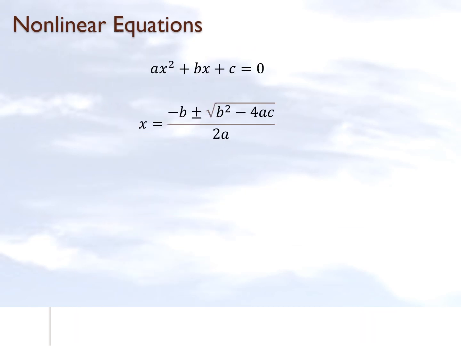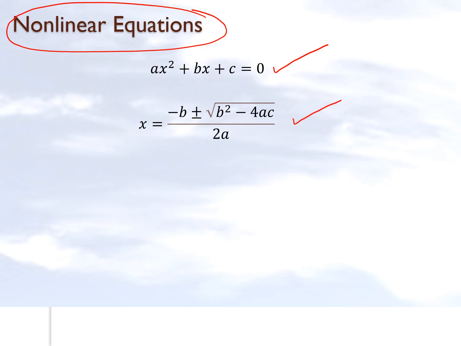So the first one we are talking about is a nonlinear equation. Everybody is familiar with a quadratic equation like this one, for which the exact solution is given here. What do we do about other equations? You can have a cubic equation like this one, and for this you can find an exact solution, but it's cumbersome.